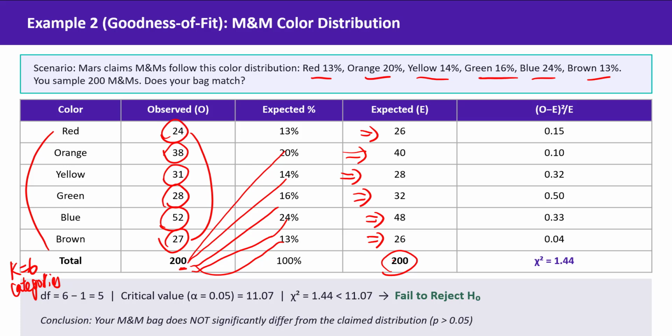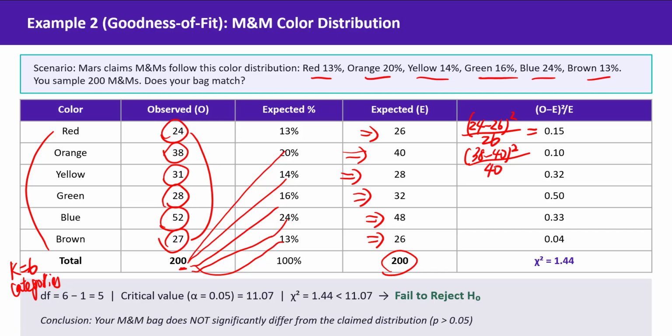So again, we do observed frequency minus expected frequency. So observed is 24, minus 26, squared, over expected frequency, which is 26. That turned out to be 0.15. Second one, you do observed frequency 38 minus 40, squared, divided by expected frequency 40.